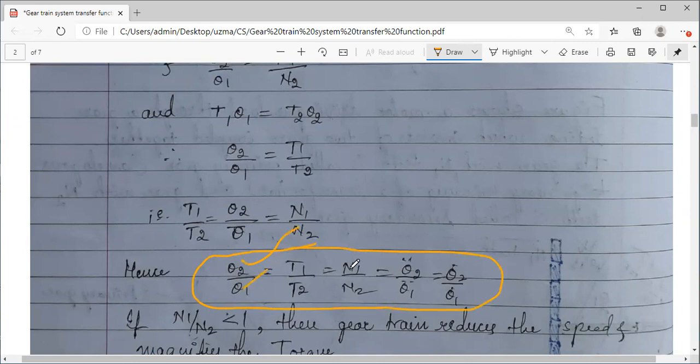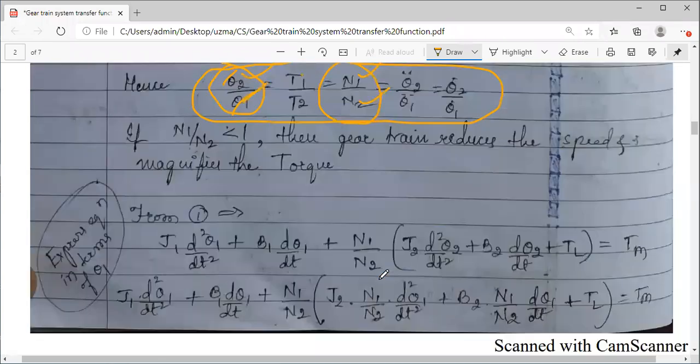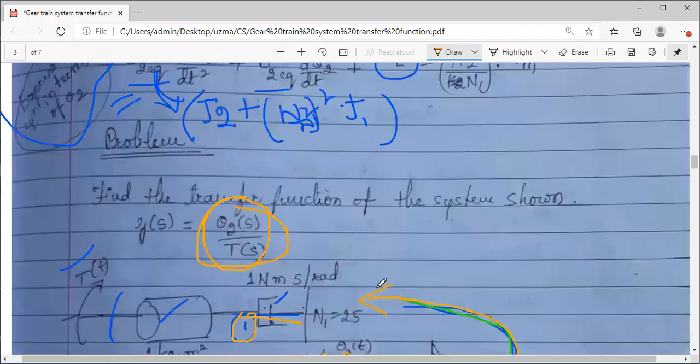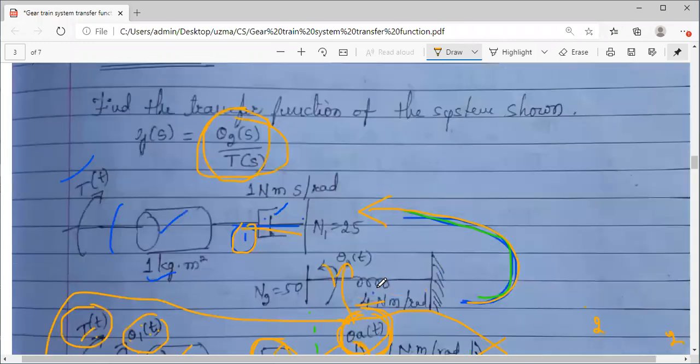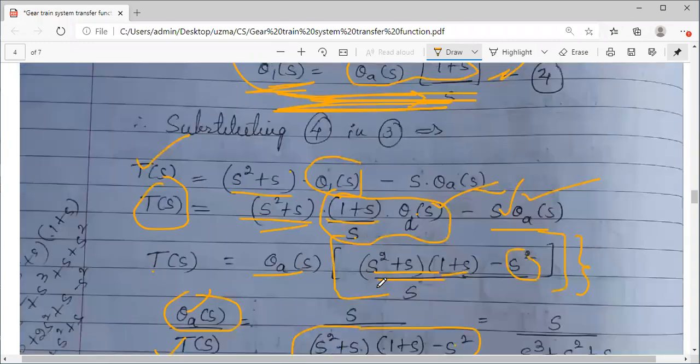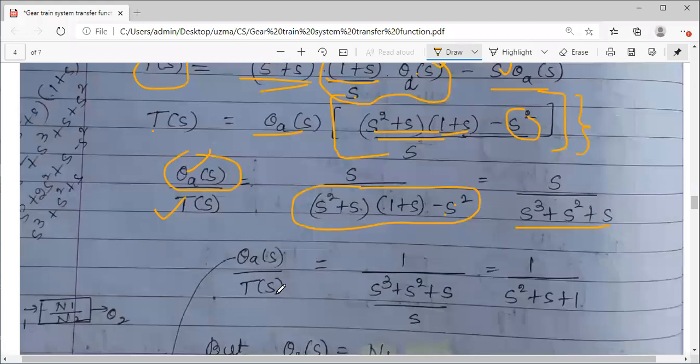Theta and torques are not, only one torque is given. Let me go for this. I will take theta 2 by theta 1 is equal to n1 by n2, keeping this as a standard. I will use that in my solution.